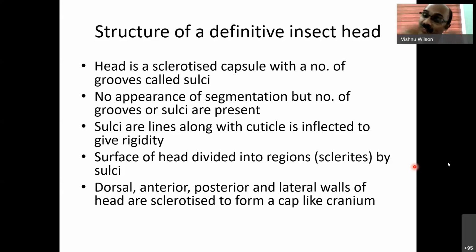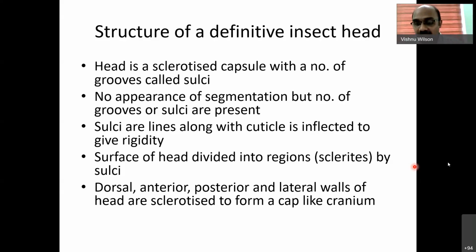So imagine that instead of this boundary wall, we have a furrow over there. Suppose a furrow is dug. Instead of a boundary wall, you dig out a furrow, and that furrow helps in separating out the area. Similarly, the sulcus present on the insect head helps to divide the insect head into a number of regions or sclerites.